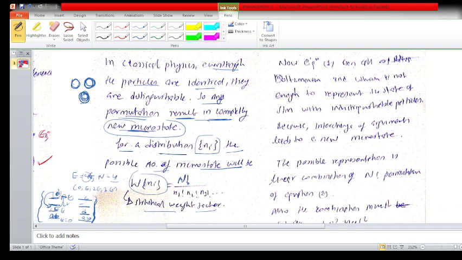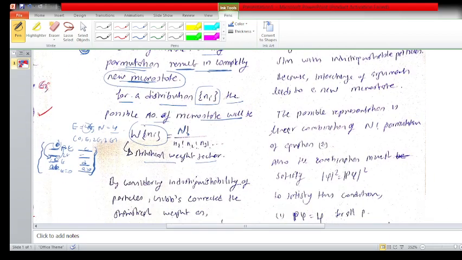So how many ways you can do these permutations is given by this particular expression. You just substitute here. N is 4, so 4 factorial divided by n1 factorial. What is n1? n1 is the number of particles at energy level 1, that is 2.